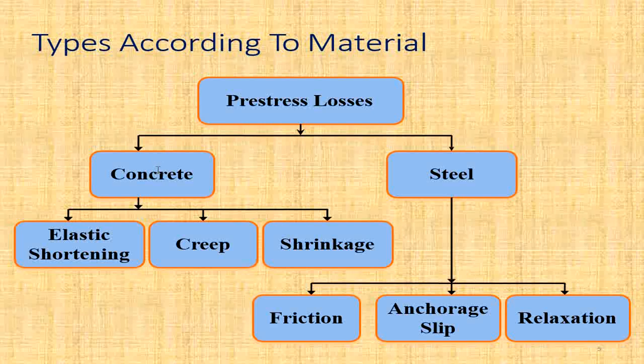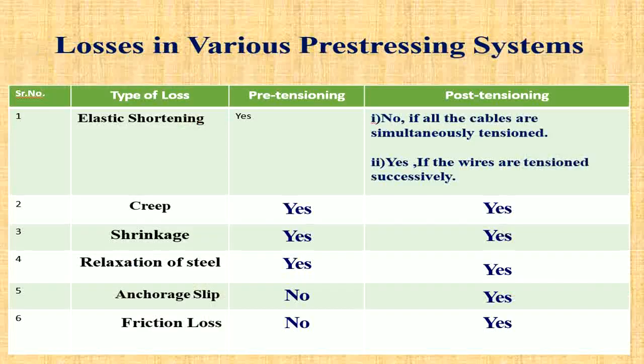So in concrete the losses are elastic shortening, creep, shrinkage, and in steel the losses are friction, anchorage slip, relaxation. So in the next slide, losses in various pre-stressing systems.